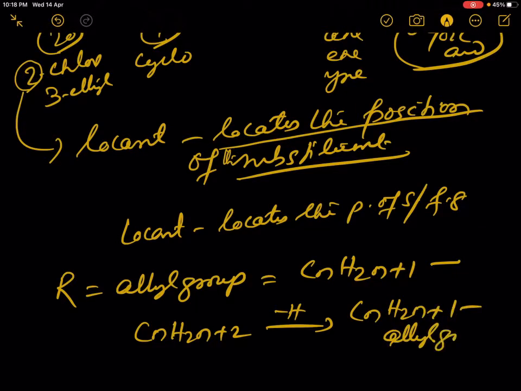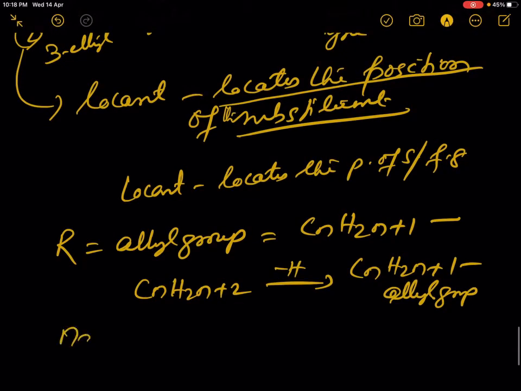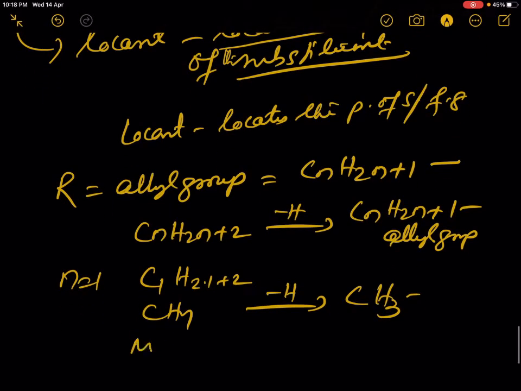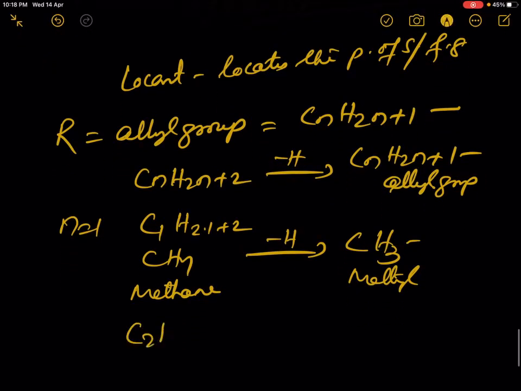If n is 1, the alkane formula is C1H(2×1+2), or you can say CH4. After removal of H, you will get CH3. This is methane and this is methyl. If it is ethane, you'll get ethyl.